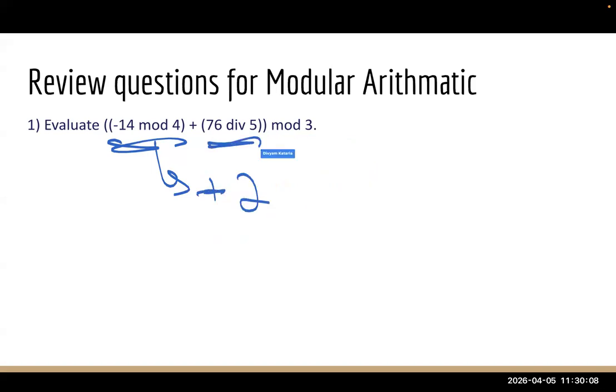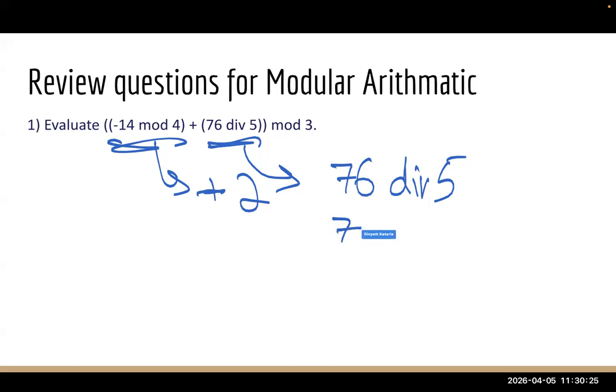Now 76 div 5. 76 is not an exact multiple of 5, but what we'll do is find the closest multiple of 5, which is 75. So the quotient for this will be 15.